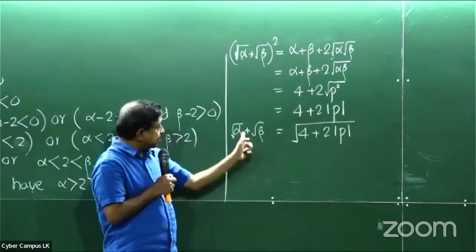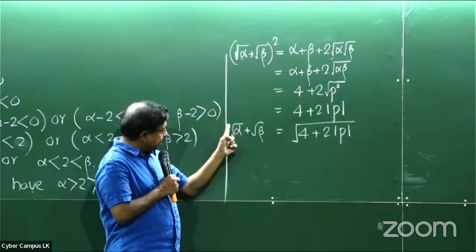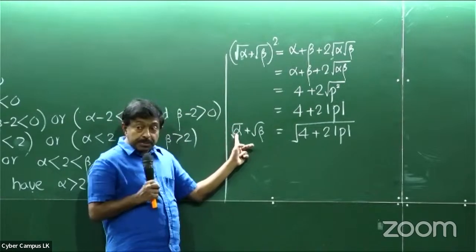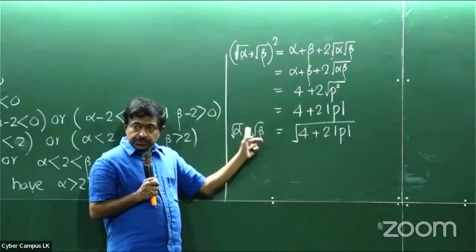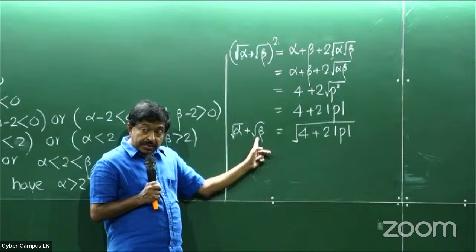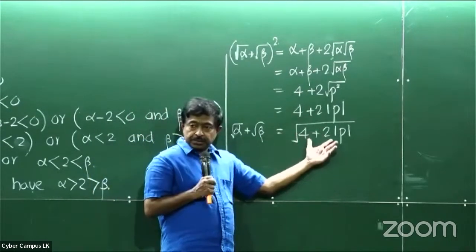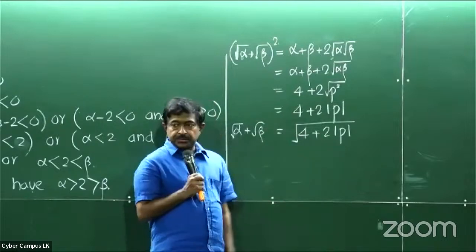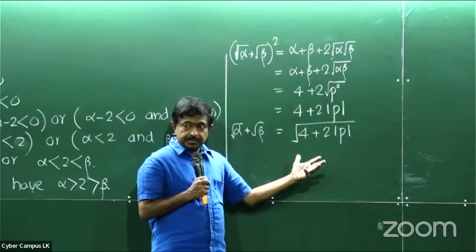It can be 0 if alpha is 0. It cannot be negative. This is also non-negative. So the sum of two non-negative numbers cannot be a negative number. Therefore, a negative sign is not necessary. It is always positive or 0.